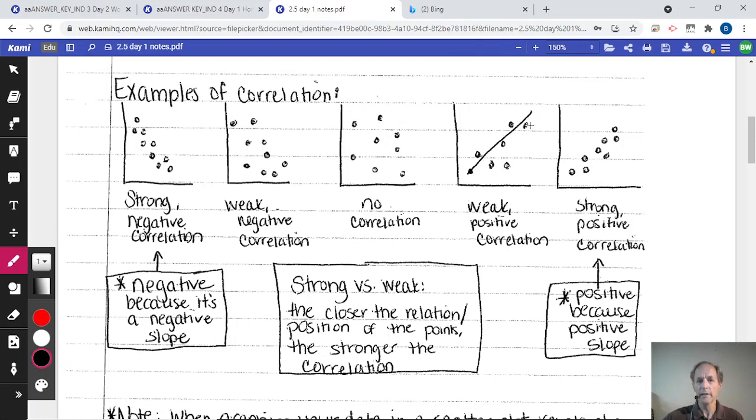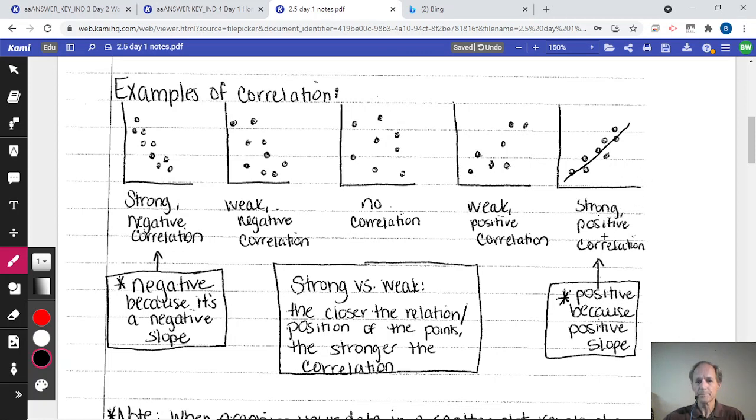And so it's positive because the slope is positive, but it's a weak correlation because the points aren't that close to that line. And finally, we have one that we could draw a line something like that. And it's a strong correlation because the points are close to it. Actually, our line would probably go a little more like that, maybe. Points are close to it, and it's a positive slope, so strong positive correlation.